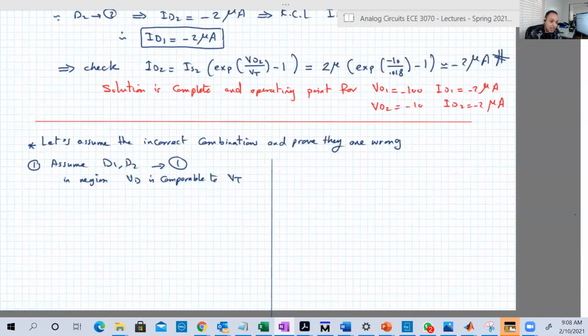So if we assume any value which is not comparable to VT, let's say VD is equal to VT, with that you have 110 as a source, and you have two diodes, each one taking VT, 26 millivolt, and for sure 110 plus 26 minus 26, because this is a reverse bias voltage, will not give you zero, right?